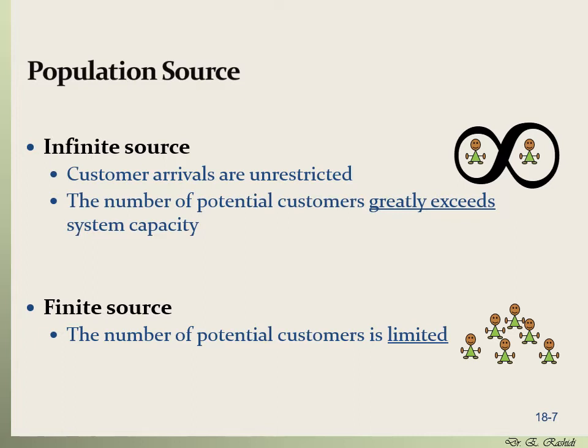For example, for those situations in which customer arrivals are unrestricted, or the number of potential customers that would come to the system would greatly exceed the system capacity. In this situation, we can also consider the source of the population as infinite. But most often the source of the population is considered finite, especially when the number of potential customers is limited.